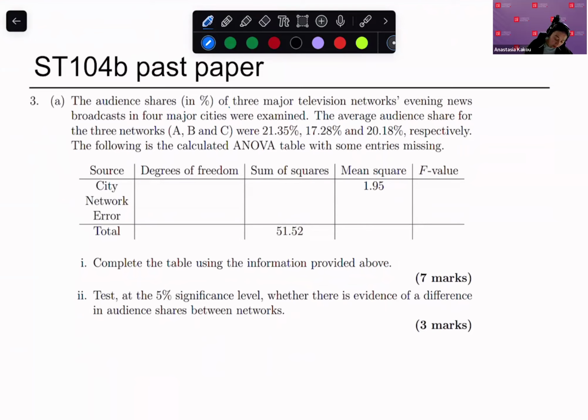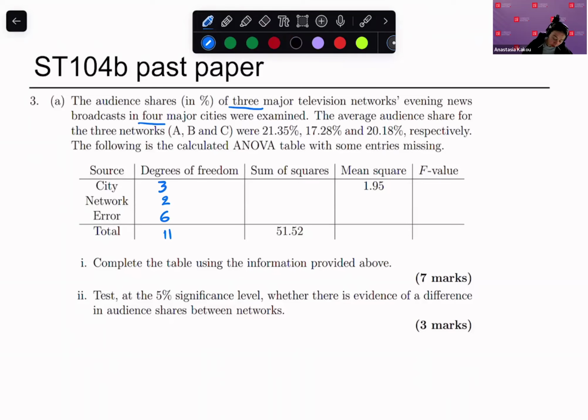Over here you have 3 major television networks, so 3 minus 1 is 2. And you have 4 major cities, so 4 minus 1, 3. Then 3 times 2, 6 is the degrees of freedom of the error. And then 11 is the total.